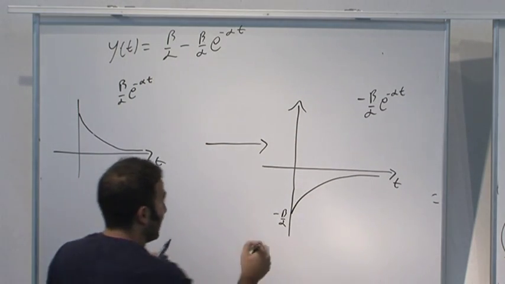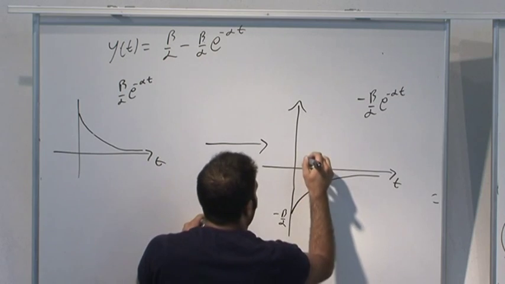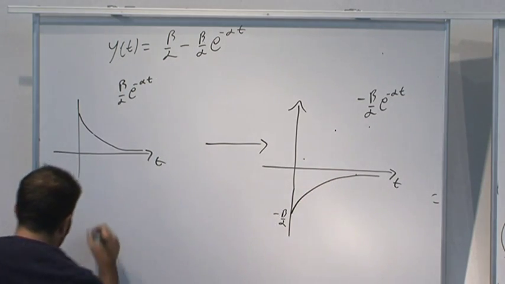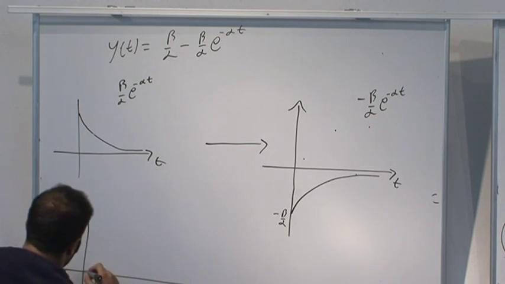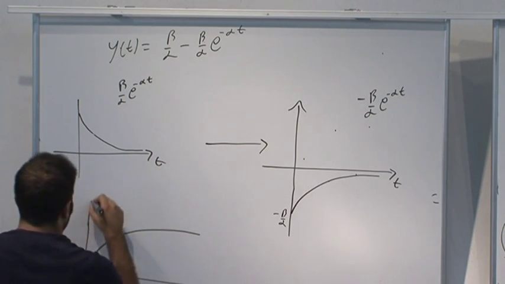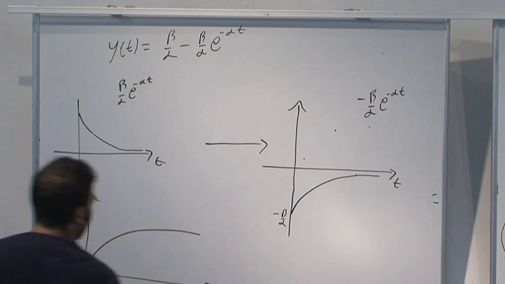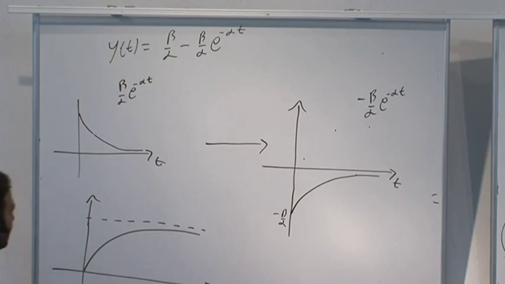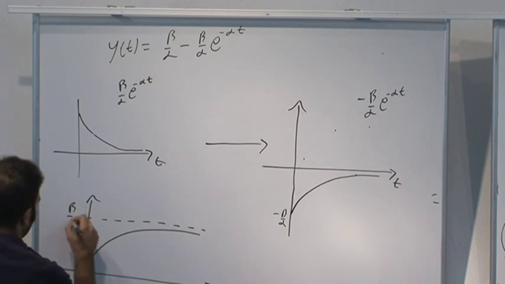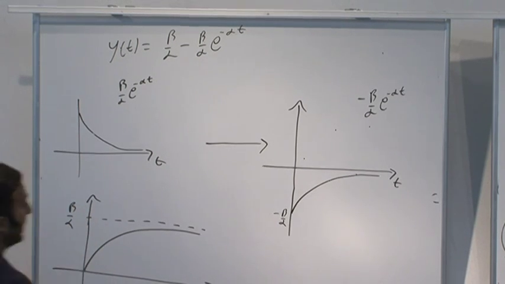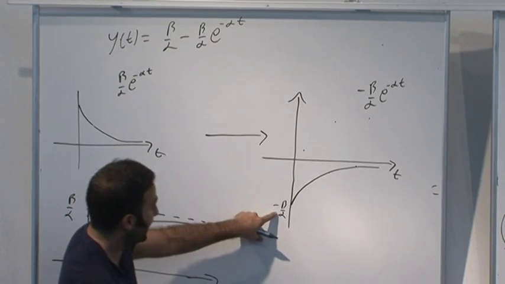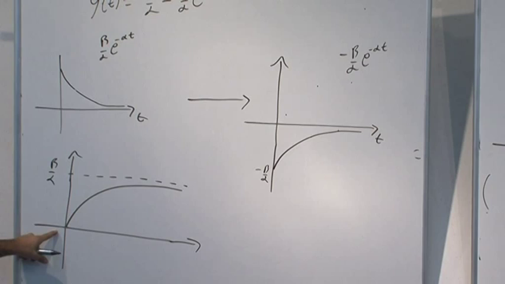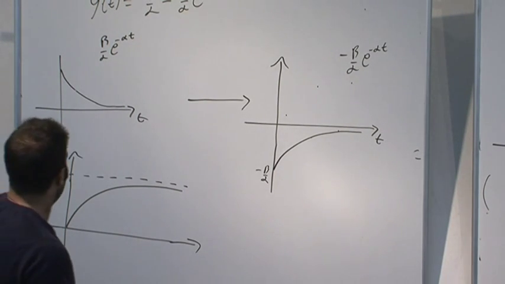Adding a constant, every point goes to the same value plus the constant. And this is beta over alpha. It goes exactly by beta over alpha because this is what we added. And it was minus beta over alpha in the beginning, plus beta over alpha, it's 0. Okay, so this is why it jumps over here.